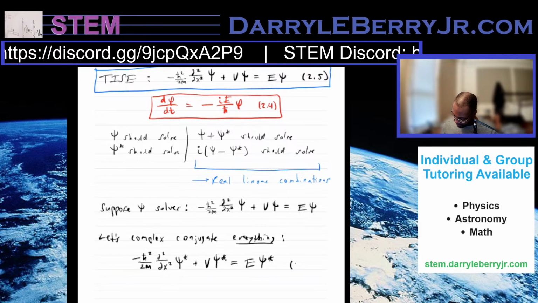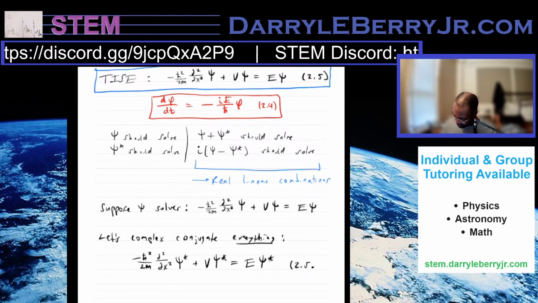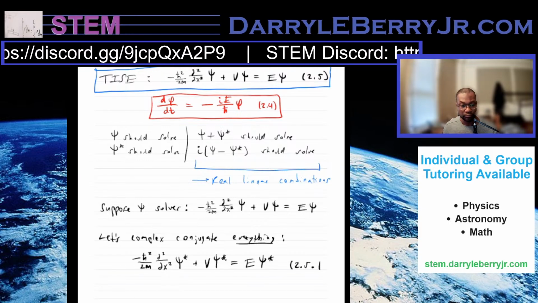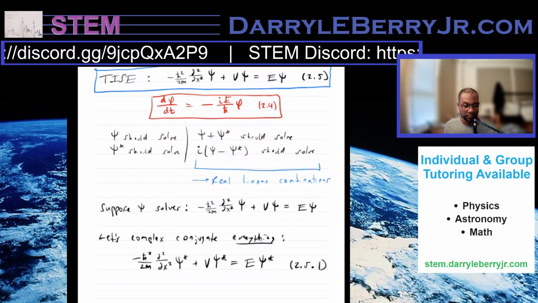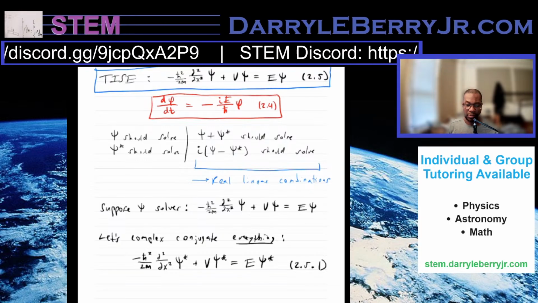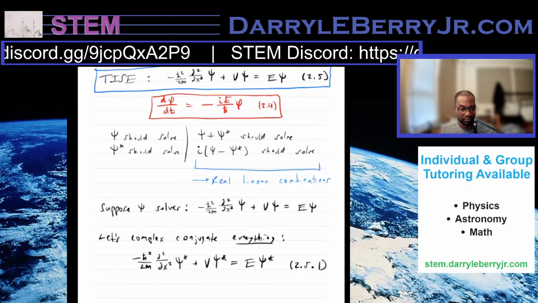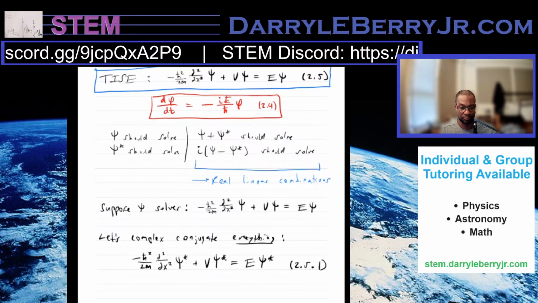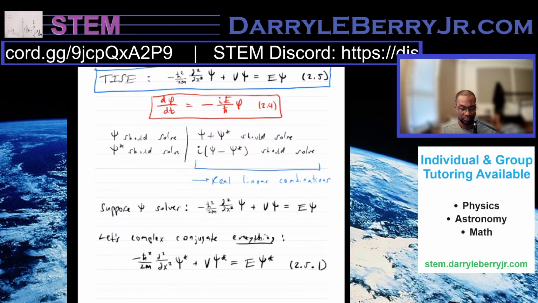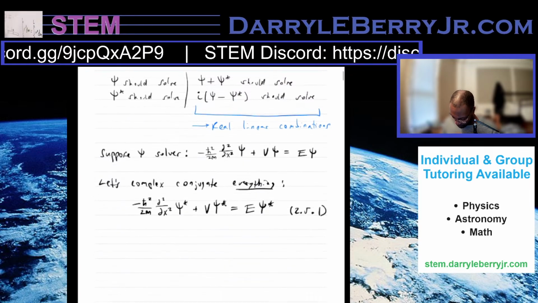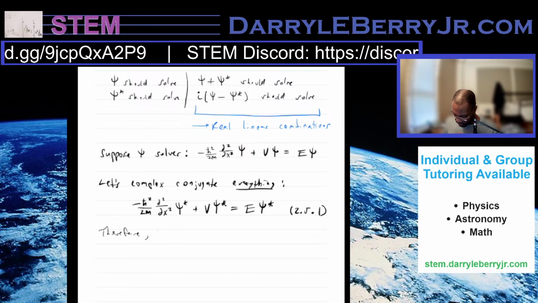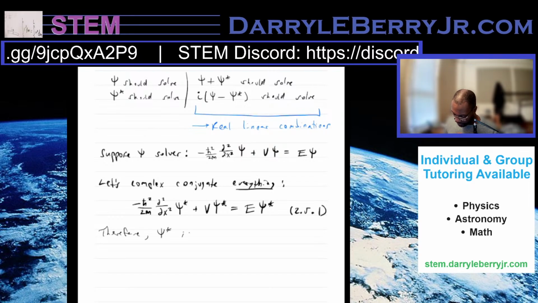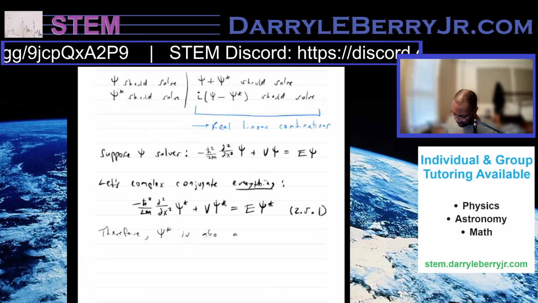I'll just call this 2.5.1. So psi star is also a solution.